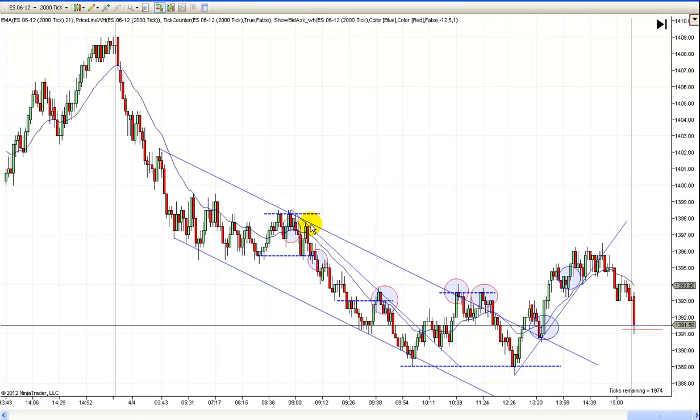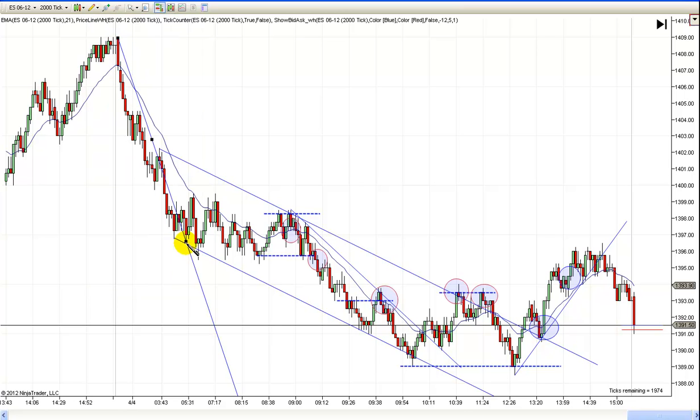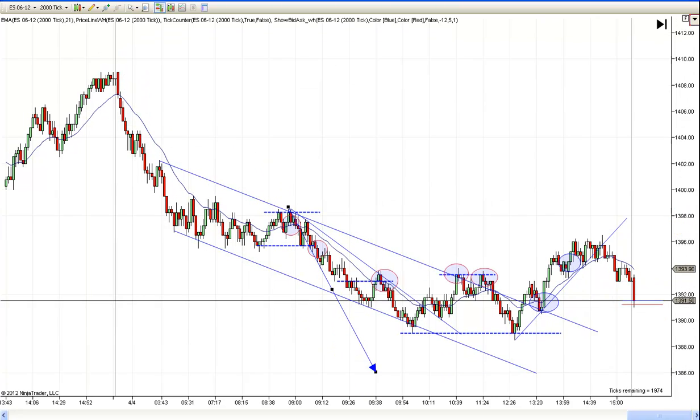There was also a trend line really off the double top here, and it's really the second leg down. You got your first leg down right here, and then you copy that over and bring it over, and that was your second leg.